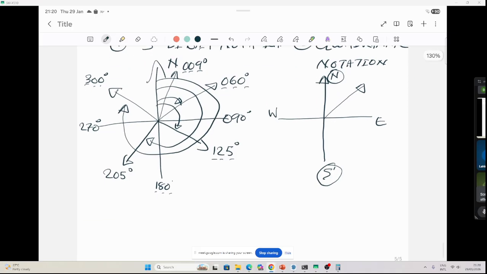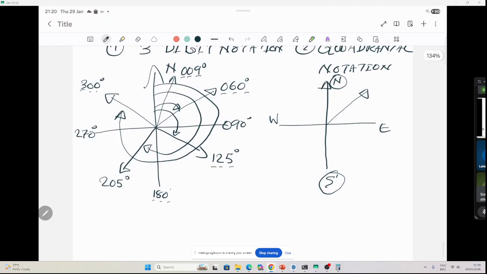If it is north, this course I can write as north, let's say this is 60 degrees, north 60 east. Remember, I only wrote 2 digits. Why? This course can only go maximum up to 90. It will not go more than 90, so it is only going to be 2 digits.